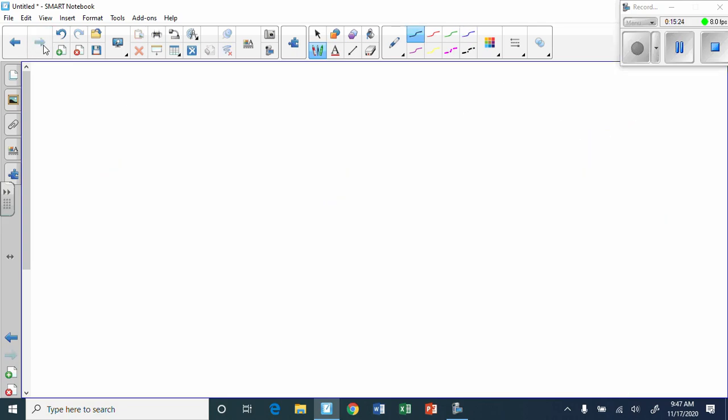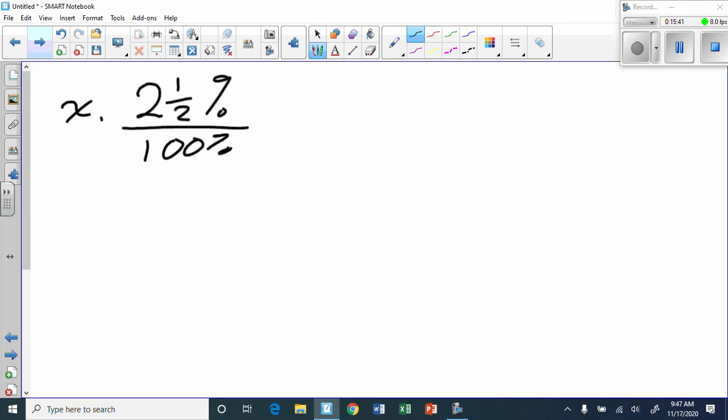I'm gonna call this X real quick. If I had 2.5%, let's do this the fraction way. Divide by 100%. Percents cancel. Take top and bottom improper. 2 times 2 is 4 plus 1 is 5. 5 over 2 over what? 100 over 1.